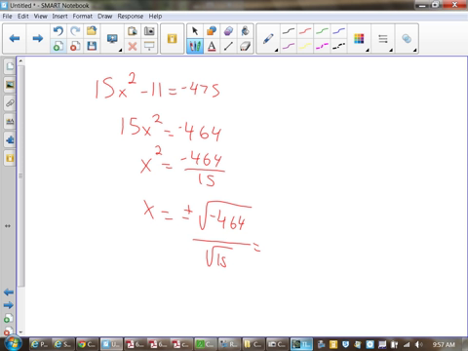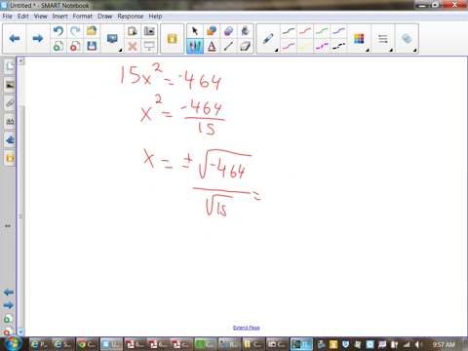I know I have to worry about an i here. 4i root 29, perfect. So I know that the top is going to be plus or minus 4i root 29. The bottom part is still that ugly root 15.